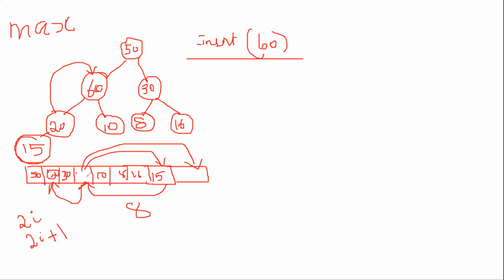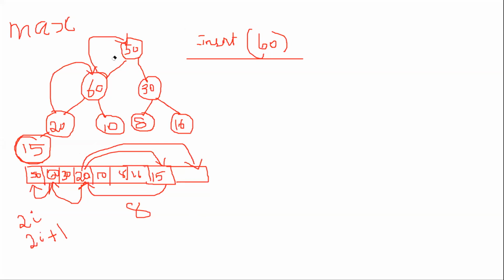This is the array representation. You can similarly do it for a linked list also, no issues. It will be clear with this array representation. Then again, I'll compare with the root element, because the parent of 60 is 50. Again I compare, and this time the comparison is false.